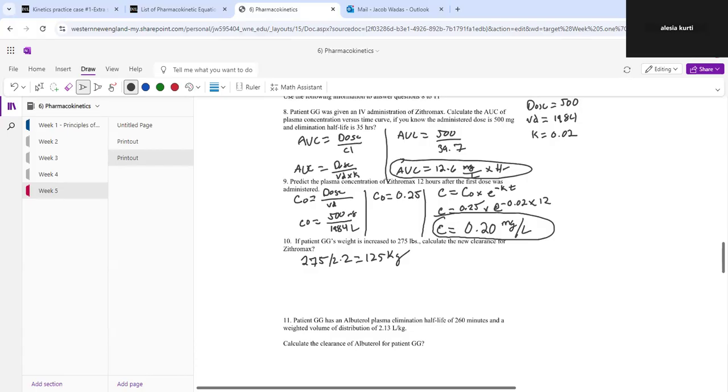Then you have to multiply by that constant, which is 31 liters per kilogram. Then your new one is going to be 77.5 liters. Now clearance, so it's milligram liters per hour. Liters per hour.